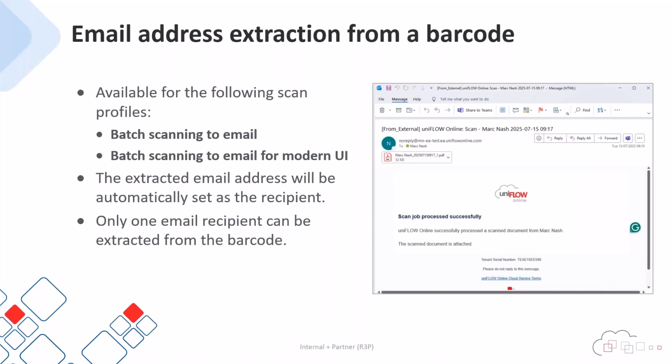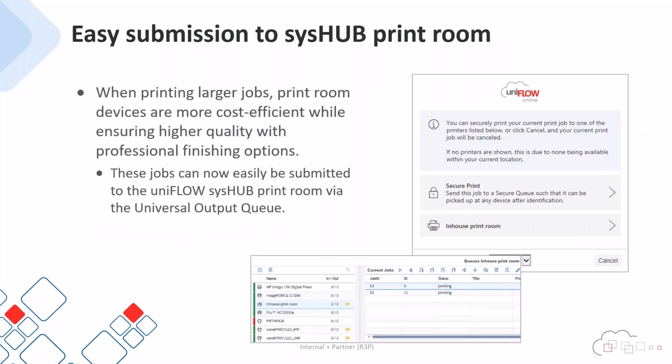Now, let's move to another area where efficiency matters, and that's handling large print jobs. With 2025.3, submitting these jobs to sysHUB print room is now effortless. When organizations handle large or complex print jobs, print room devices deliver the best results. And why?